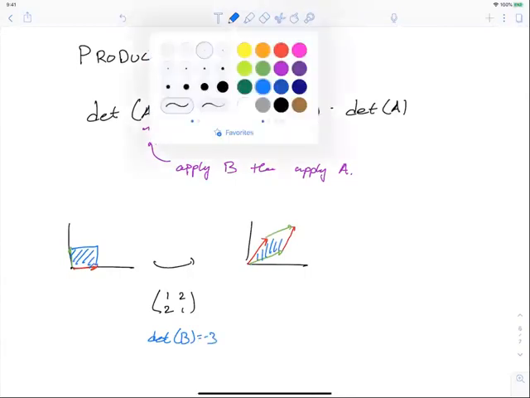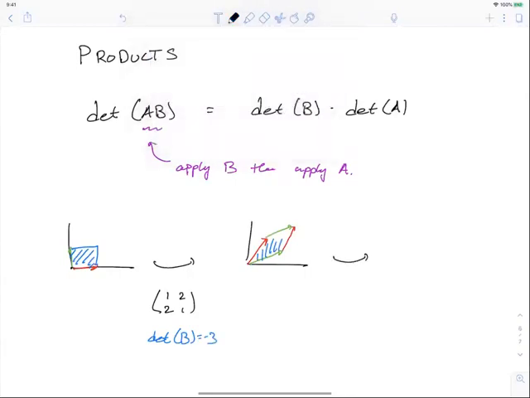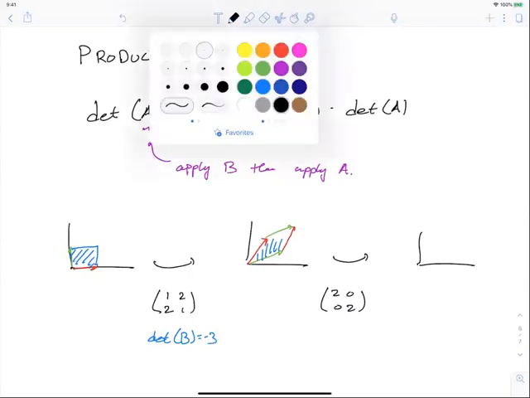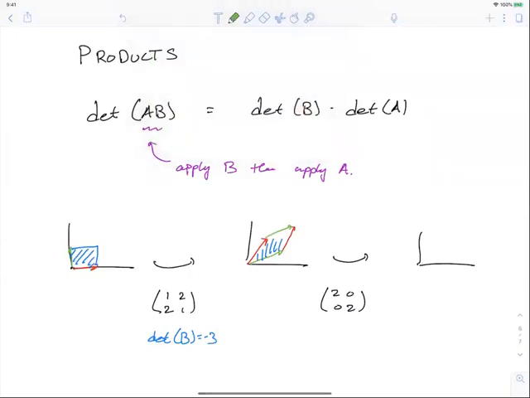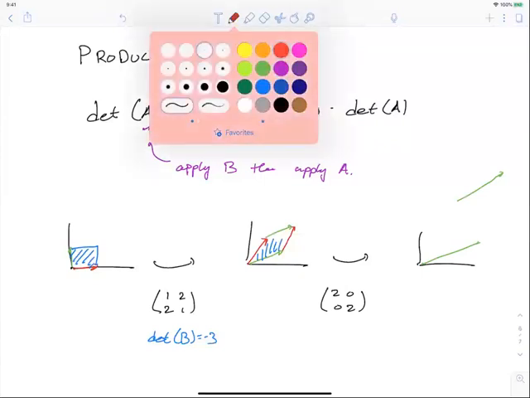And then if we apply another transformation, say 2, 0, 0, 2, this just doubles everything in every dimension. This is now going to double every dimension, so it's going to lengthen each vector by a factor of 2.